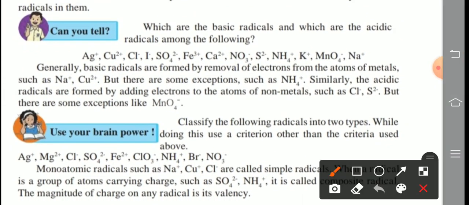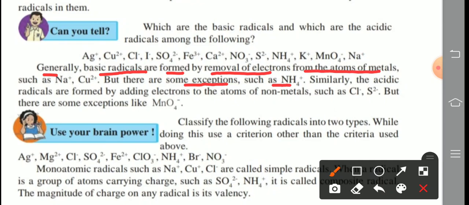Now generally, basic radicals are formed by removal of electrons from the atom of metals, such as sodium Na plus, Cu2 plus, but there are some exceptions, underline, that is NH4 plus.